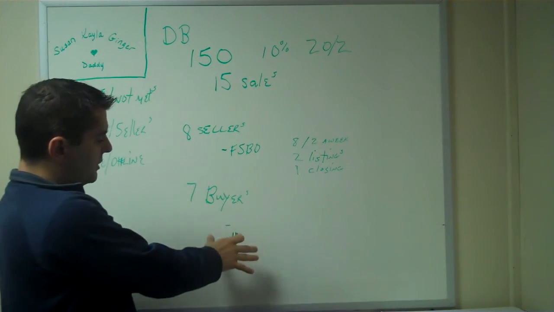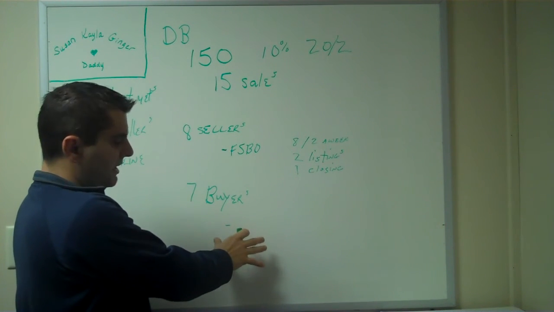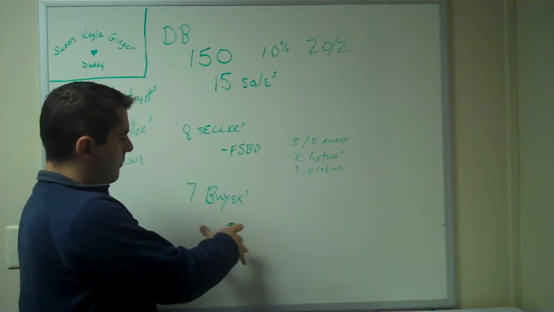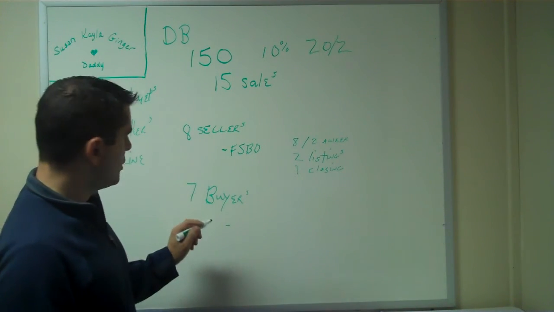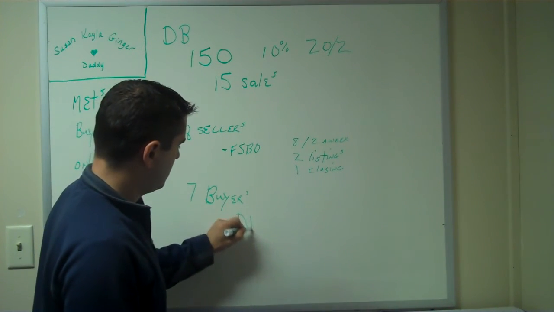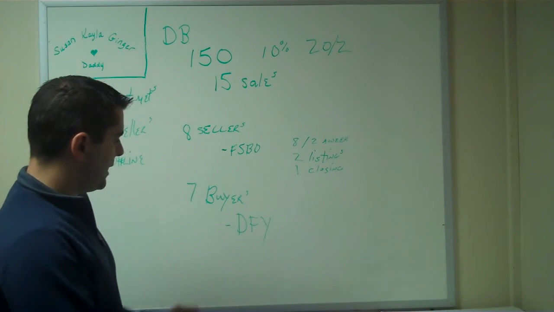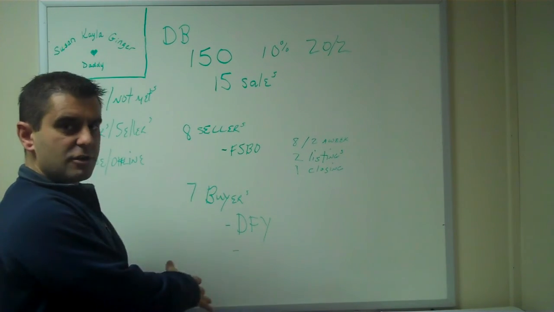Buyers, if you're getting the done for you and getting 20 leads a month, Josh's leads alone should be able to cover your buyer lead gen. But you're also going to have sign and flyer calls.